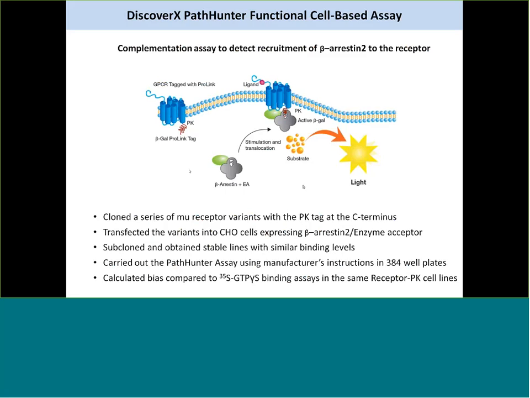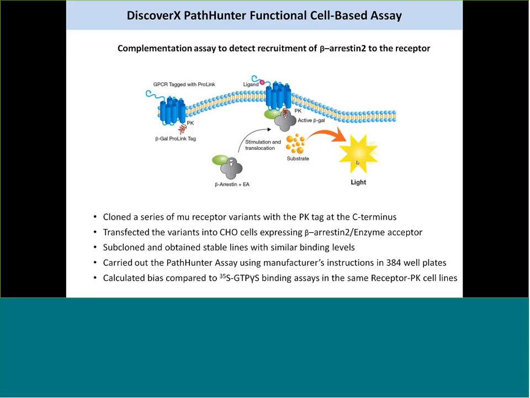The beta-arrestin recruitment is a complementation assay in which the ProTag actually has a portion of beta-galactosidase and the beta-arrestin has a second portion. When they come together, you activate the enzyme and then you convert the substrate and get chemiluminescence.